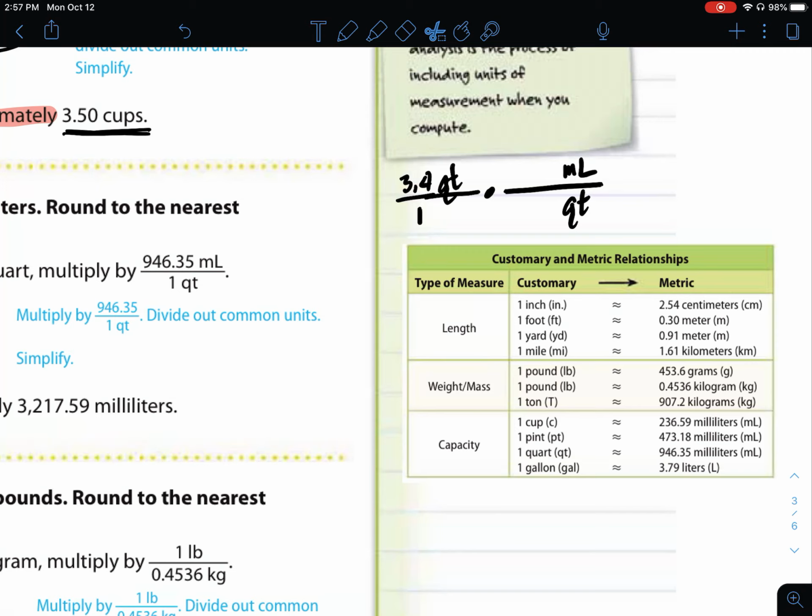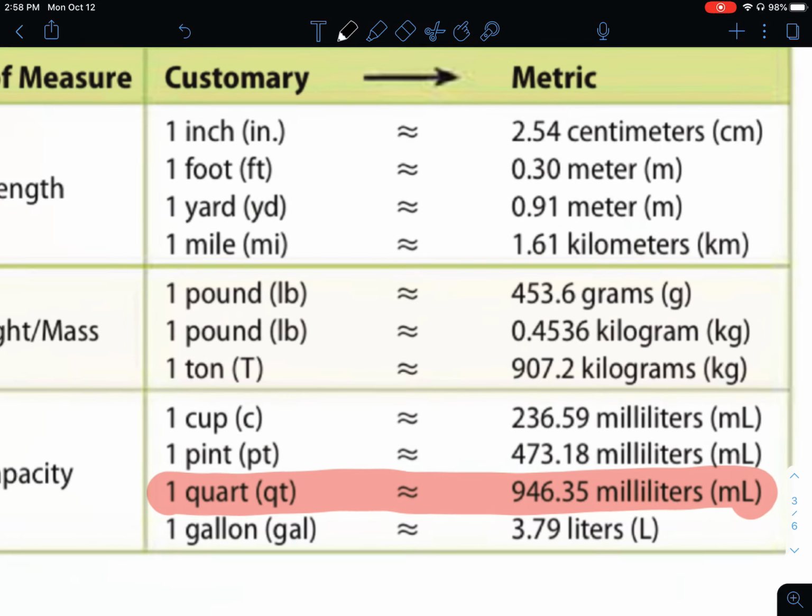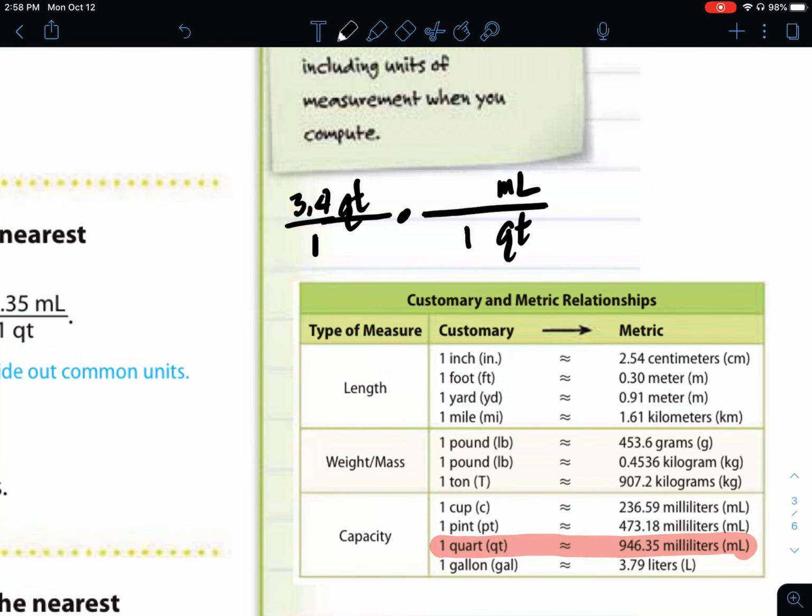So where can you see milliliters and quarts? If you notice, here you have quarts. 1 quart is equal to 946.35 milliliters. So I'm going to write the number of quarts, which is 1, and the number of milliliters, which is 946.35.